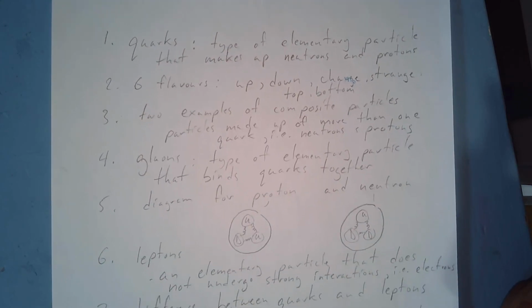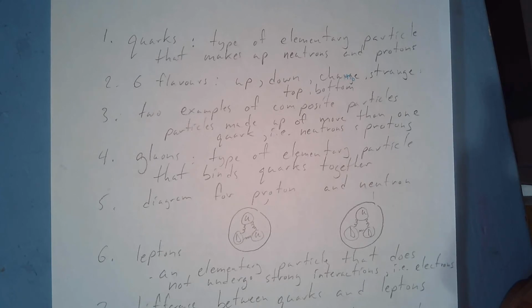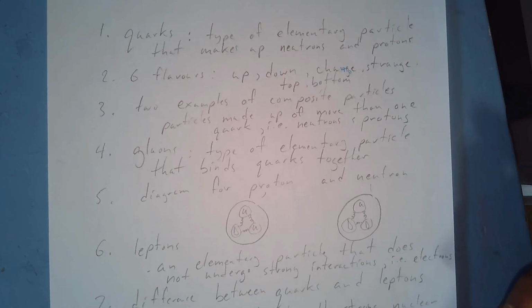The leptons: an elementary particle that does not undergo strong interactions. An example of a lepton would be an electron. Remember, the electron is orbiting the nucleus and doesn't offer any measurable mass in comparison to the neutrons and protons.